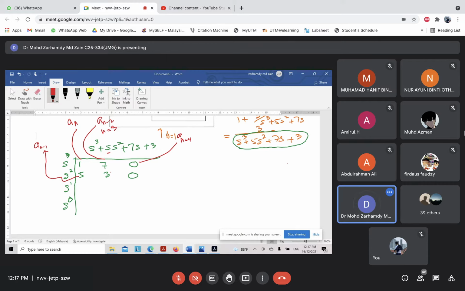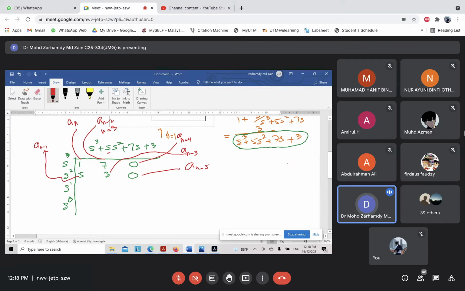So 3 is A_(n-3), so it means we have the coefficient of s to the power of 0. Okay, this one is not possible, because this is A_(n-5). We are not including this in this problem. So we only have 1, 7, that's it. So we have 5, 30 and also 0.